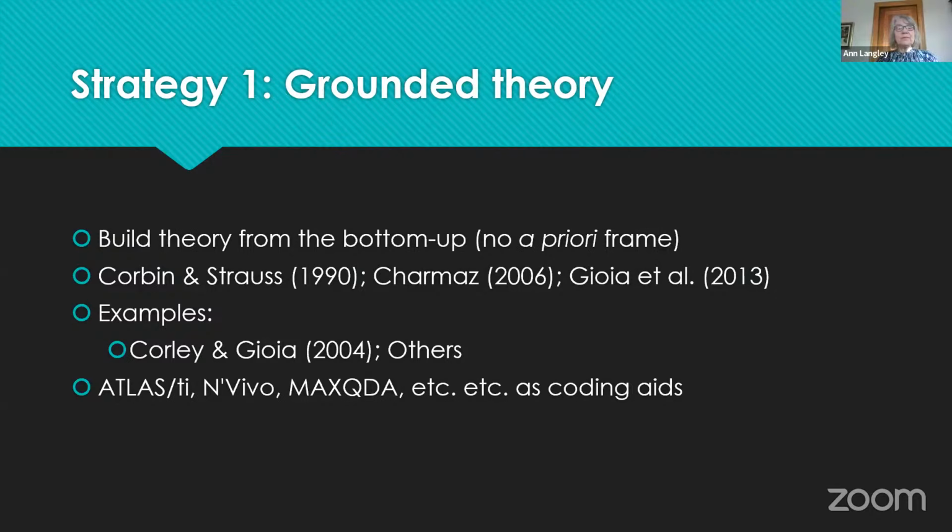And there are some classic authors that have talked about that. So Corbin and Strauss, Charmaz, and more recently, Denny Gioia and colleagues. Gioia, Hamilton, and Kevin Corley have this Organizational Research Methods piece, which explains how to do grounded theory. And it's become really dominant in the field of qualitative research.